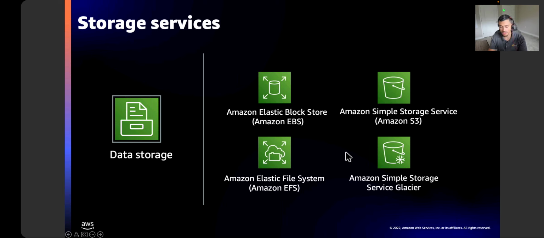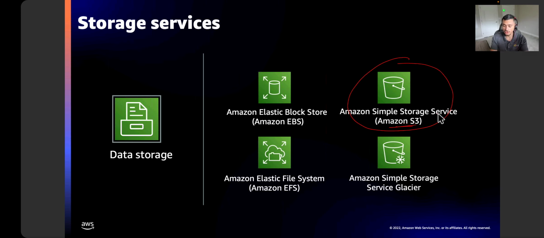Now that was compute. Looking into storage, you need to understand the differences between object level storage, block level storage, file level storage, and what services are used for each one. When we talk about object level storage, we're talking about Amazon S3, and I would recommend reading the fact page on S3.